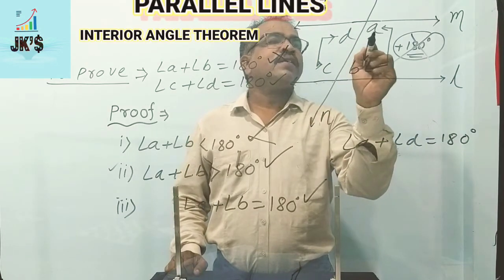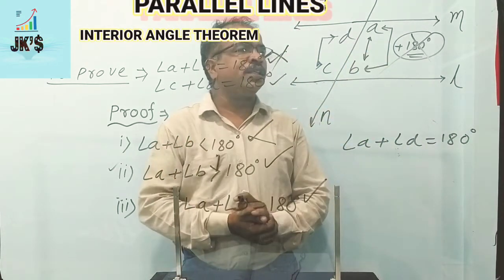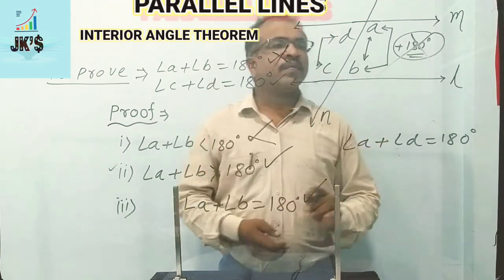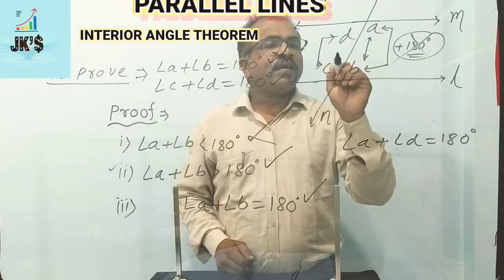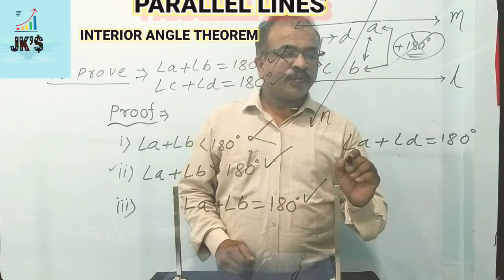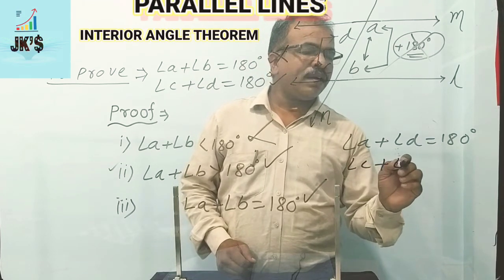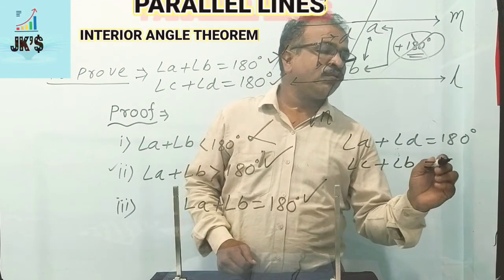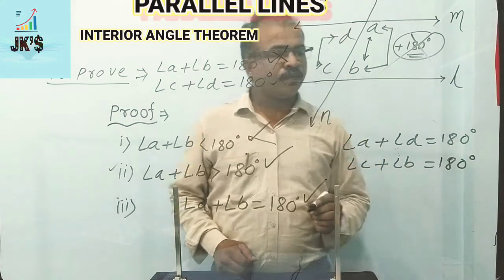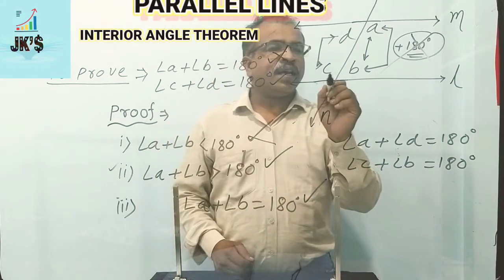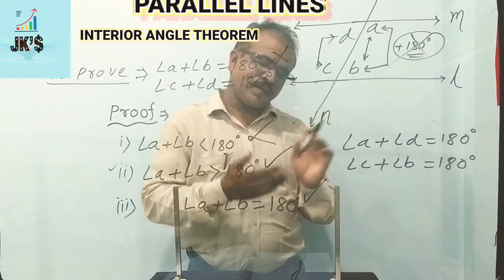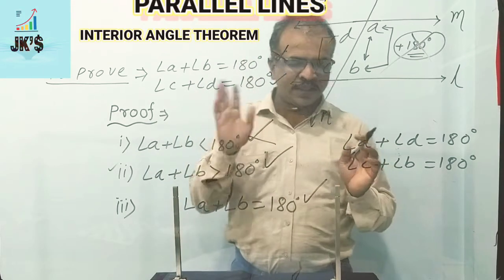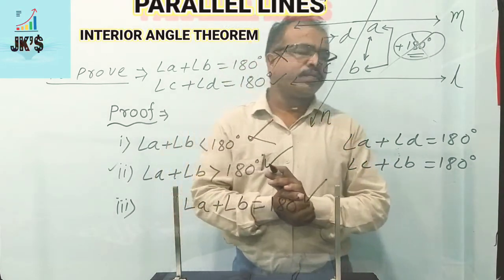A and D are angles in a linear pair. Angle C plus angle B equals 180 also. These are angles in a linear pair, that is, their sum is 180. We have studied this in the properties.